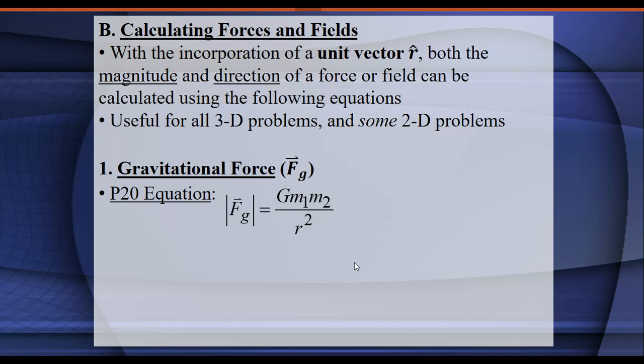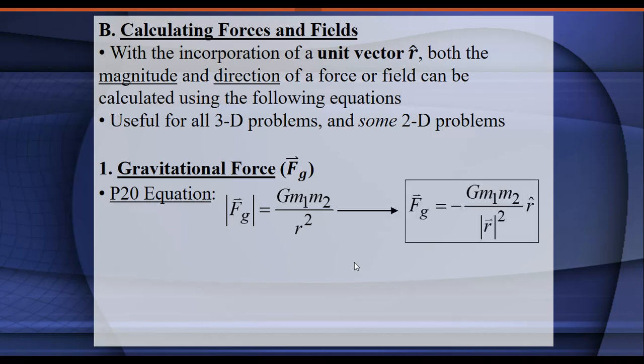And we divide by r squared, where r is the distance from the center of m1 to m2. Now, that only tells you what the magnitude is, but we know the direction of a gravitational field is always directed inward towards a large mass. Now, we're going to beef this equation up by turning it into an equation we can use to calculate both magnitude and direction in one shot.